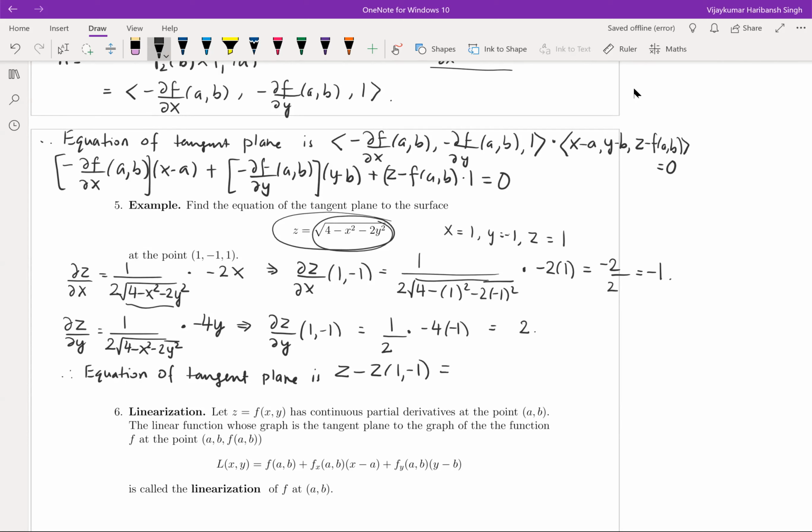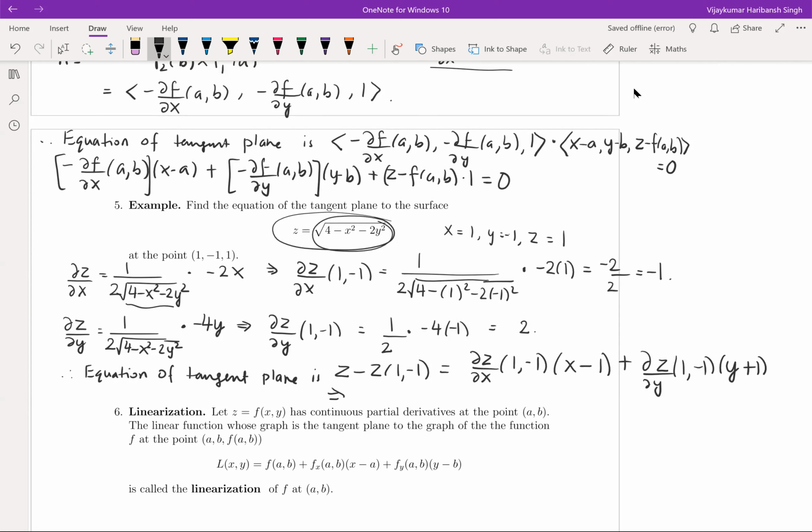equals the partial derivative of z with respect to x, evaluated at 1, minus 1, times x minus a, which is 1, plus the partial derivative with respect to y at 1, minus 1, times y minus of minus 1, plus 1.